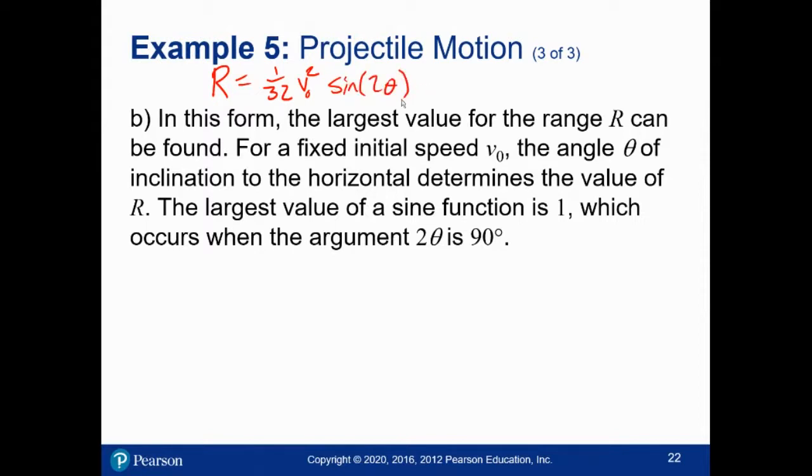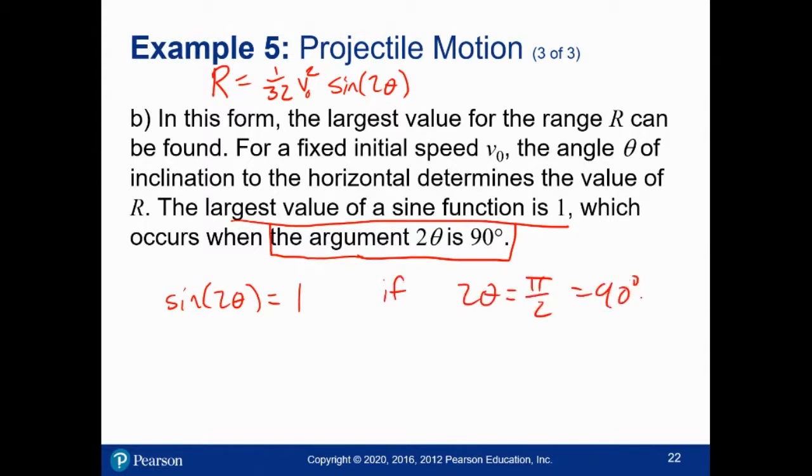So how do I make the sine of something as large as possible? The biggest the sine value can ever get is 1, which means what I want to plug in is 90 degrees, or pi over 2 radians. That will tell me that I can get out 1.